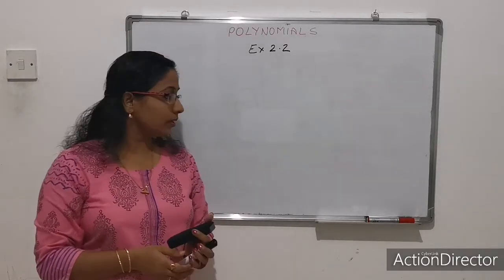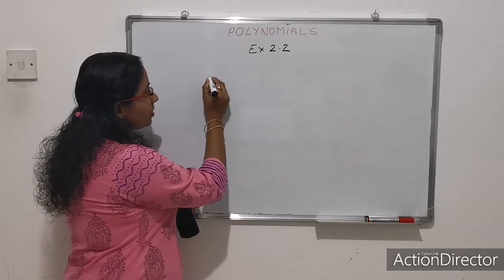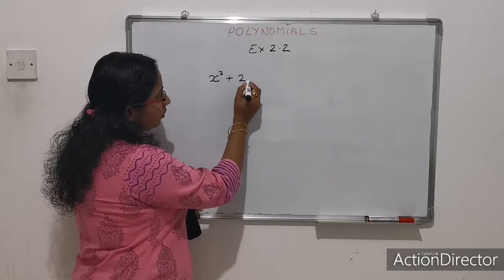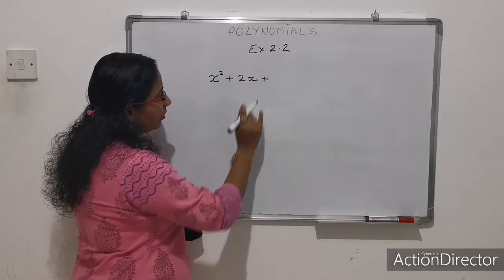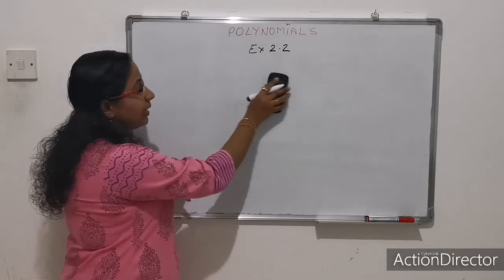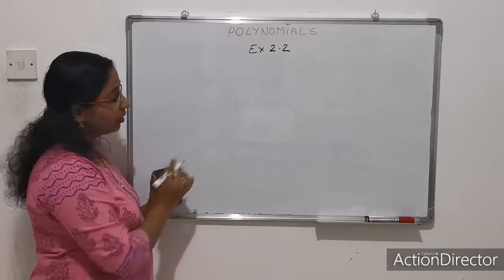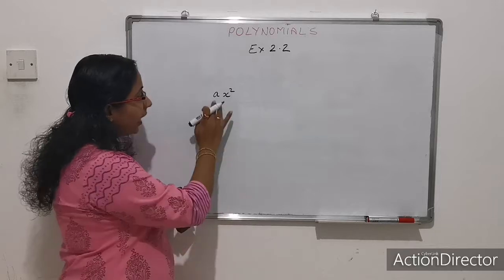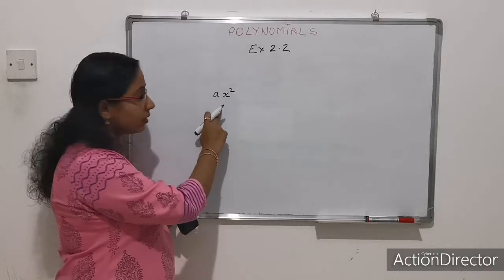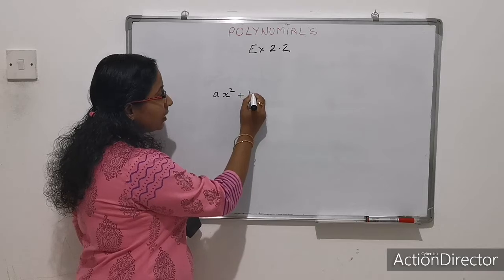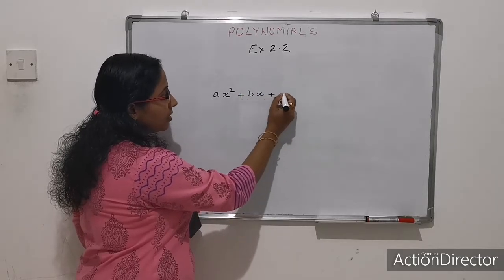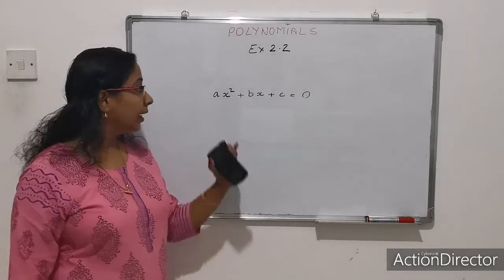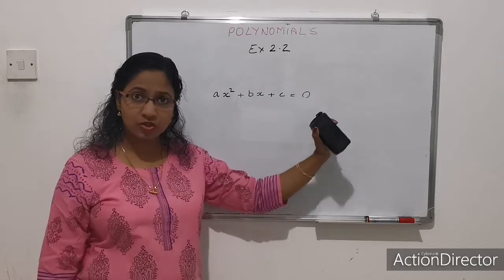Now one more thing: I will take a basic equation, ax square, where a can be any number, any constant, plus bx plus c is equals to 0. Clear? ax square plus bx plus c is equals to 0.